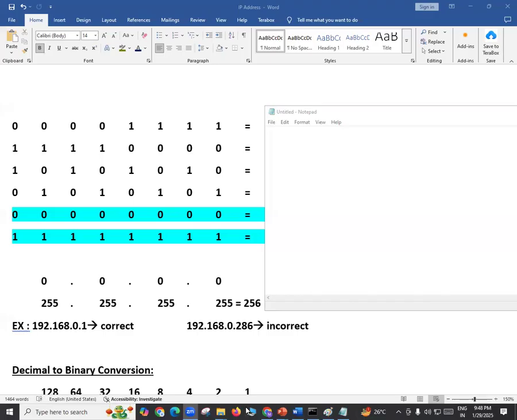Okay, I hope you're ready with your answers. These are very easy conversions actually. So there are totally 6 binary numbers we have. Just try to convert them into decimal. Let's take another 30 seconds and let's see our answers.